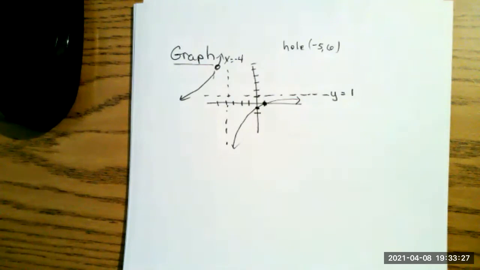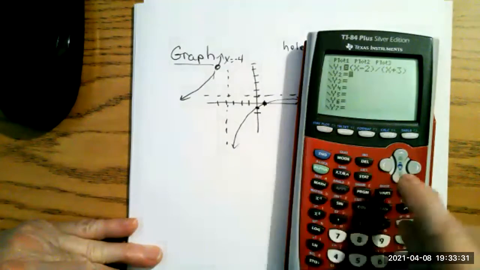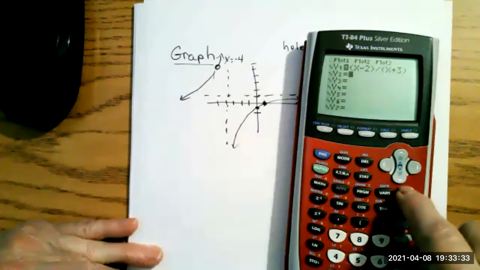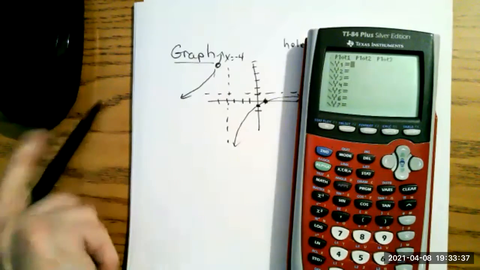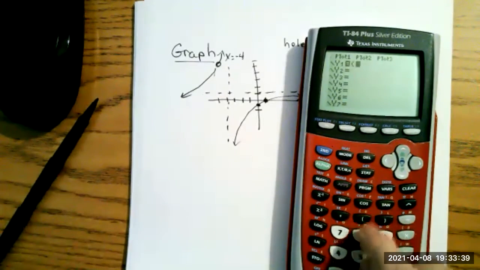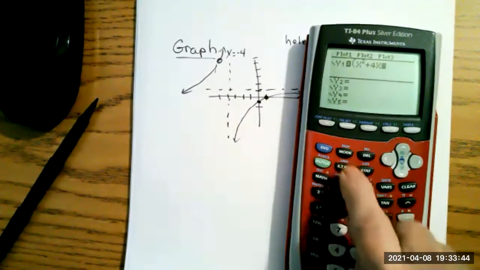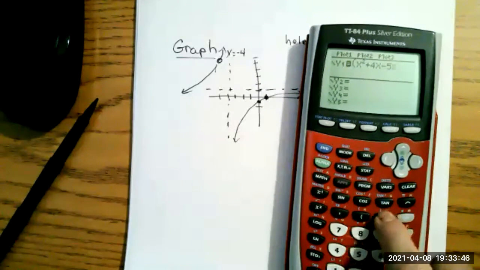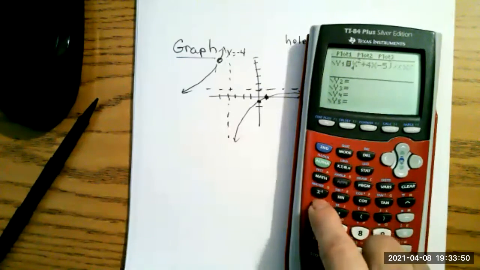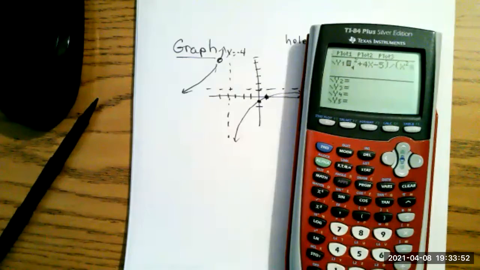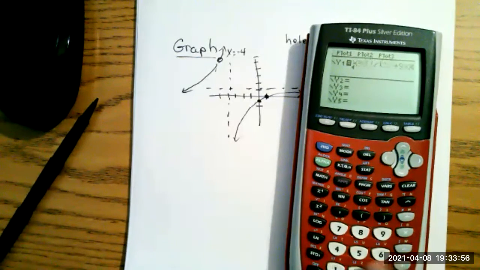So let's look at the picture of it on our calculator and see if we can come up with it. I'm using parentheses around the top: x squared plus 4x minus 5, divided by x squared plus 9x plus 20.